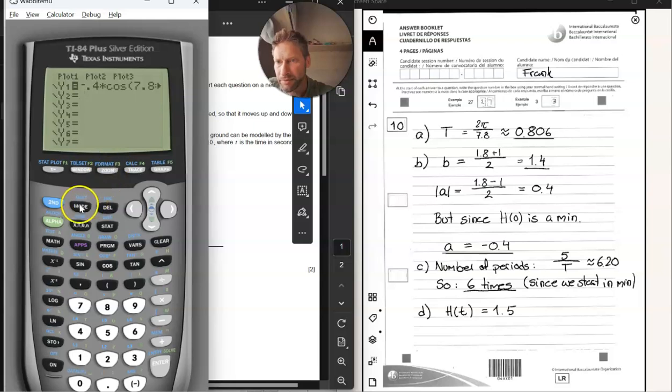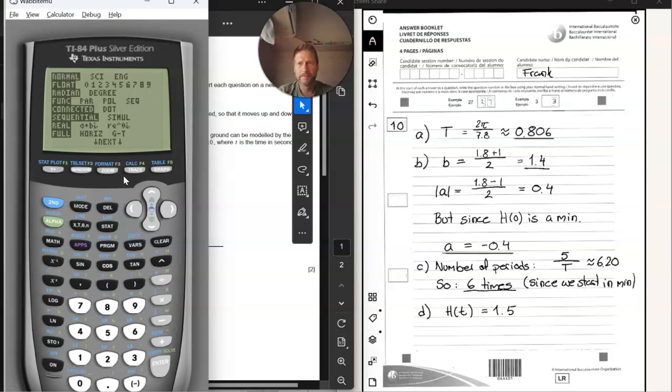Enter. And before I go on, I check that we're working in radians, because otherwise the graph is going to look weird.